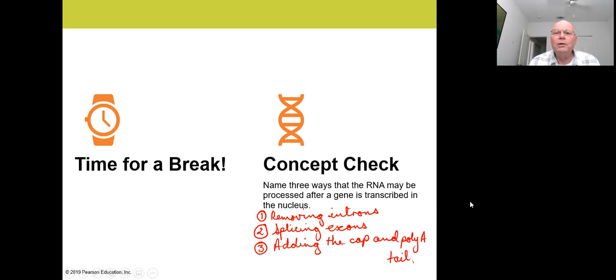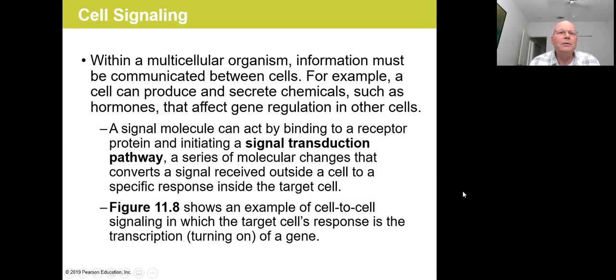So let's move on and take a look at some other parts of this chapter. And you may wonder why some of these things are tied together. Once we have cells active during the development of an organism, we need a way to signal to different cells what they ought to become.